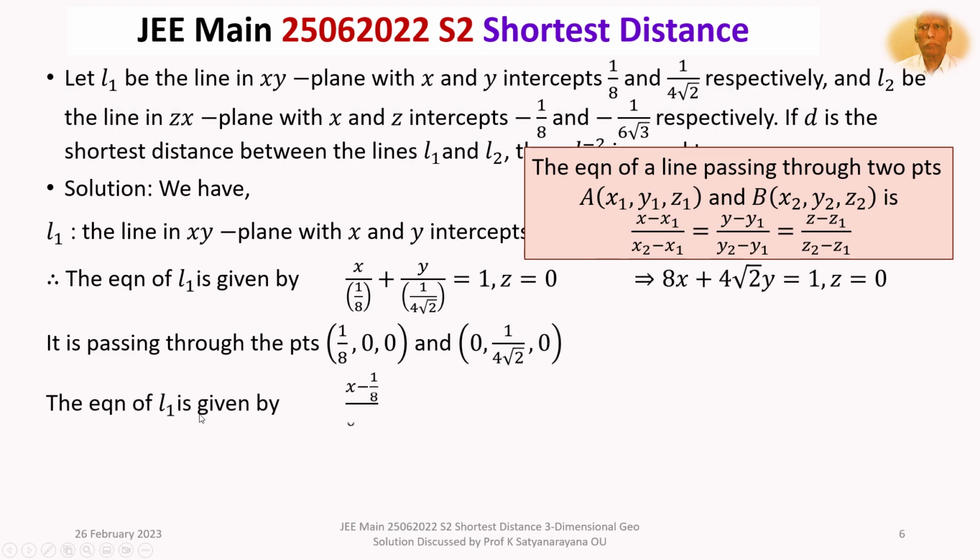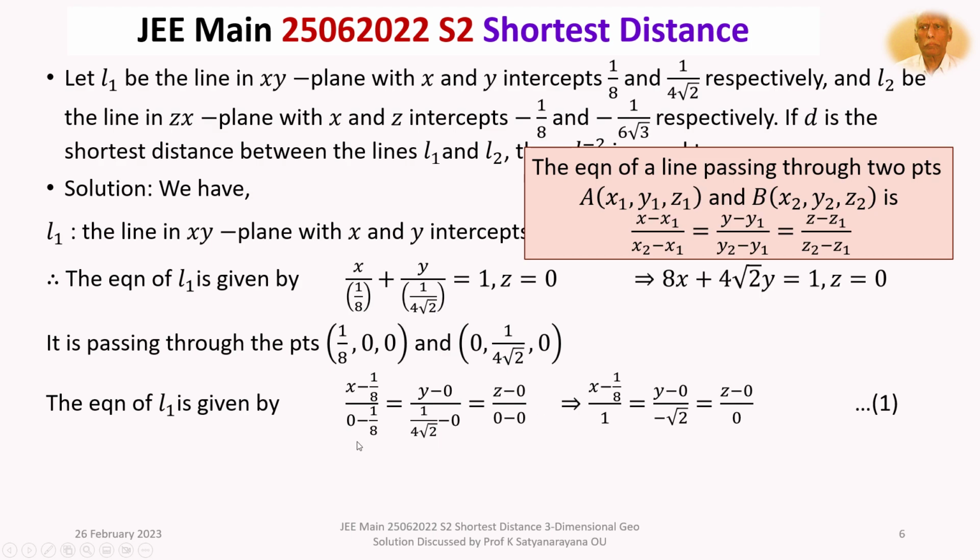So the equation of L1 is given by x minus 1 by 8 by 0 minus 1 by 8 is equal to y minus 0 by 1 by 4 root 2 minus 0, and that is equal to z minus 0 by 0 minus 0.